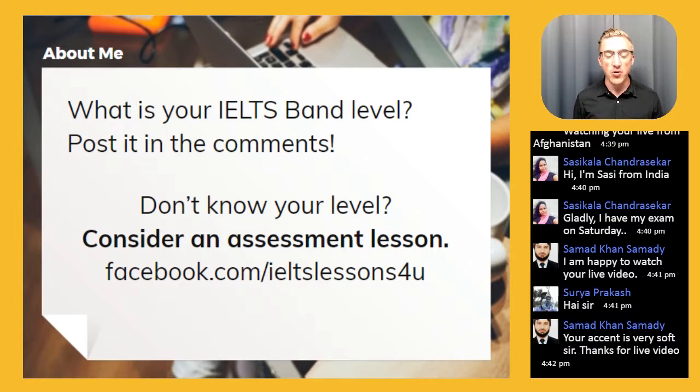So if you don't know your level, strongly consider taking an assessment lesson. You can see my Facebook page there, and I do offer assessment lessons for a pretty good price. Or there are a lot of other instructors that you could go to as well. None quite as kind and as experienced as me, but I won't hold it against you if you go somewhere else. But wherever you go, I really recommend starting with an assessment lesson. It's a great place to begin.